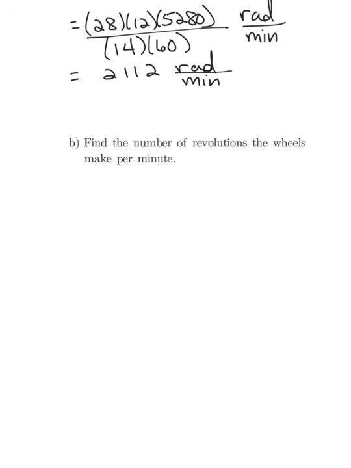For part B, we are asked to find the number of revolutions the wheels make per minute. If we go back to our answer for part A, we already know that we have 2,112 radians per minute as our angular speed.